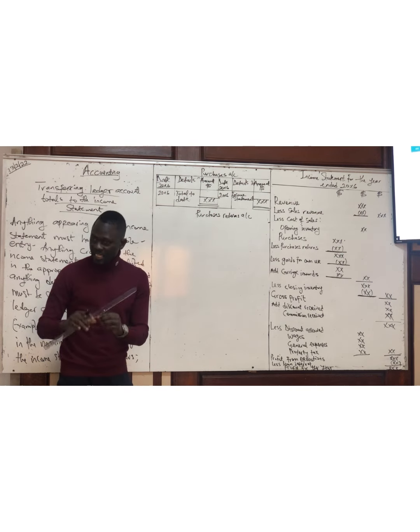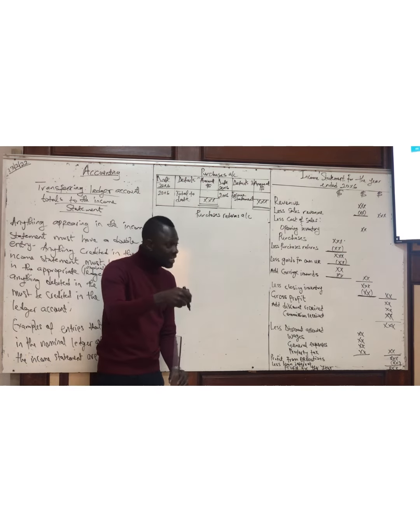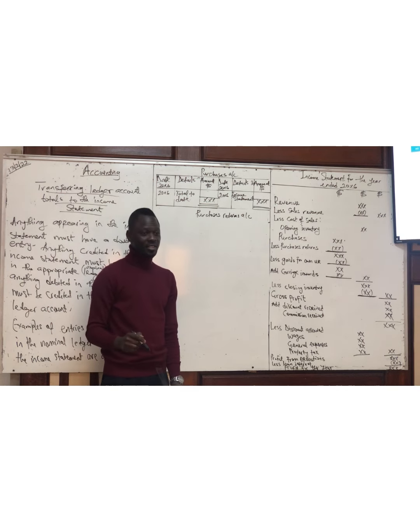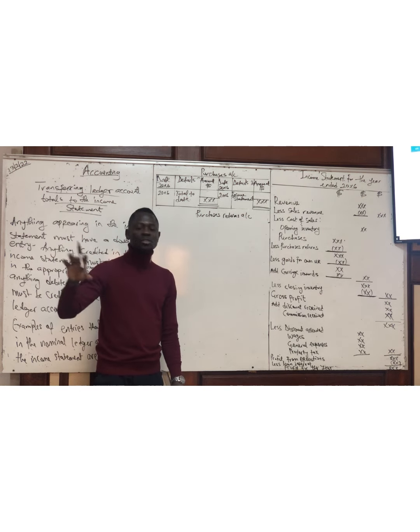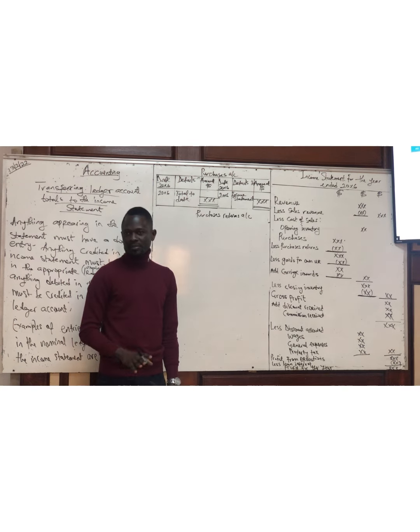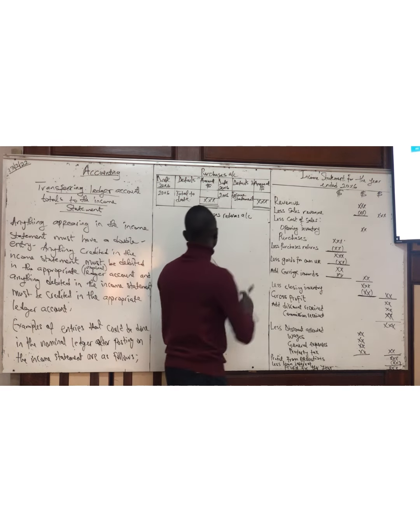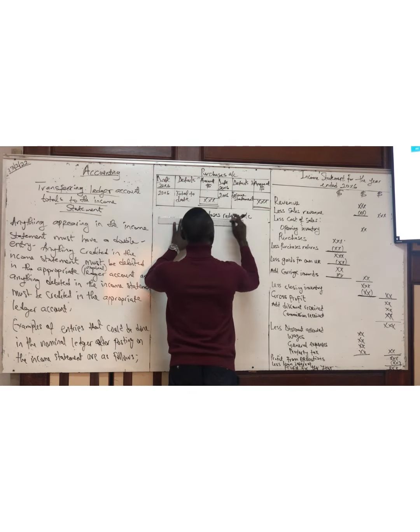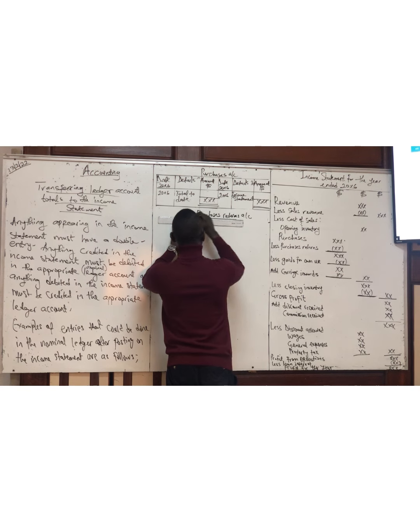In your purchases ledger, you have both purchases and purchases returns. But when you're opening a nominal ledger, the returns has its own nominal ledger and the purchases has its own nominal ledger. I think it's clear. Great. So we open the purchases returns account now.